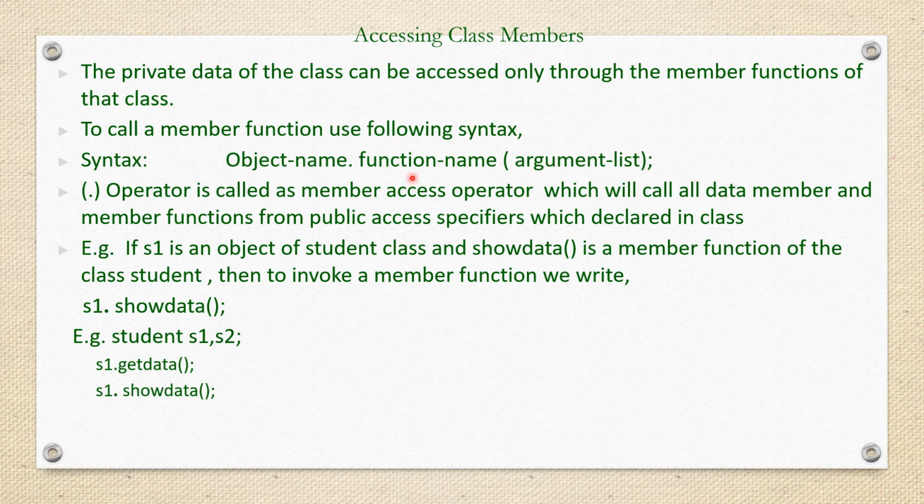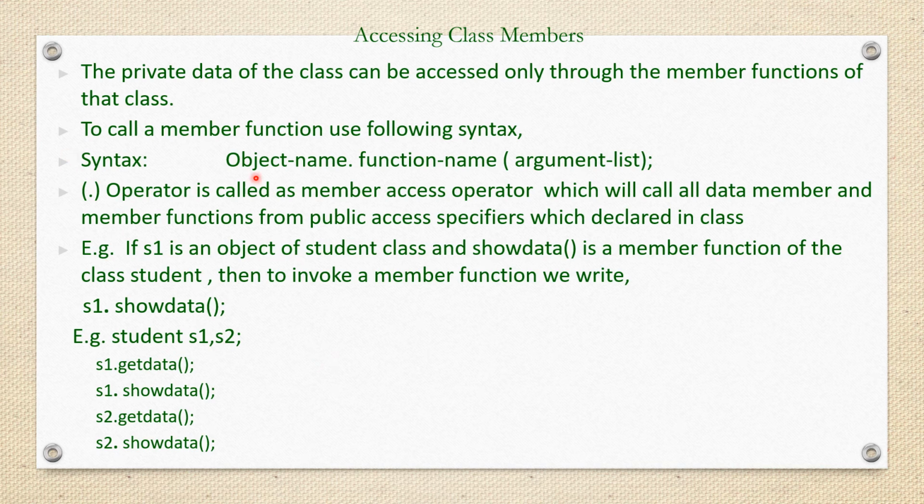As we already discussed in learning outcome 2, in the private access specifier we write the data members, and in the public access specifier we write the member functions. Right now we have no argument, and the object name we already create in void main. After writing the line student S1, we will call the member function.